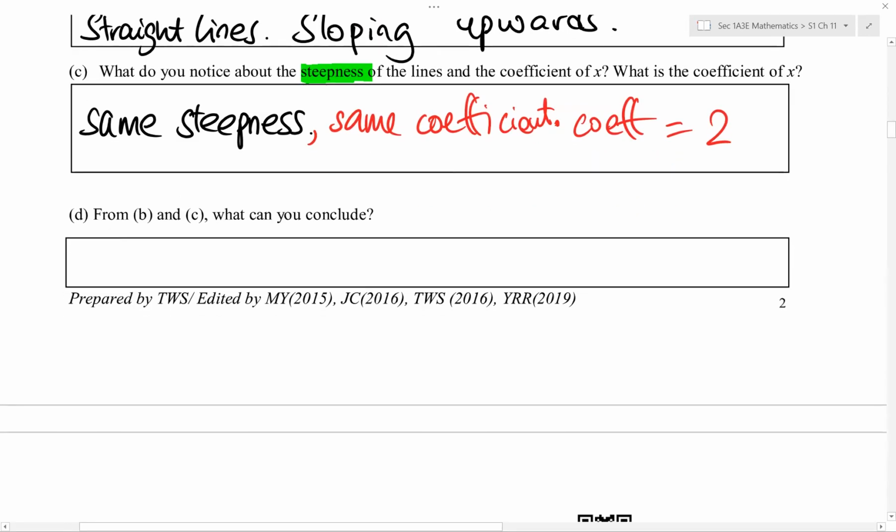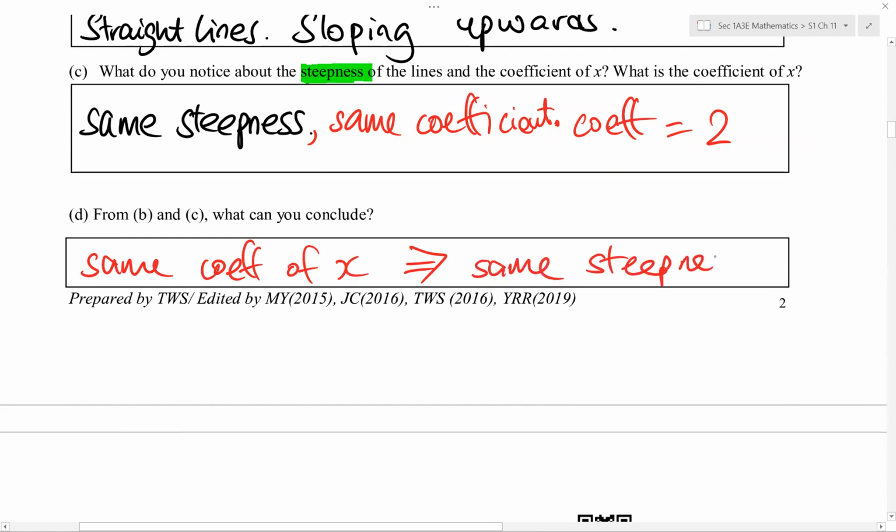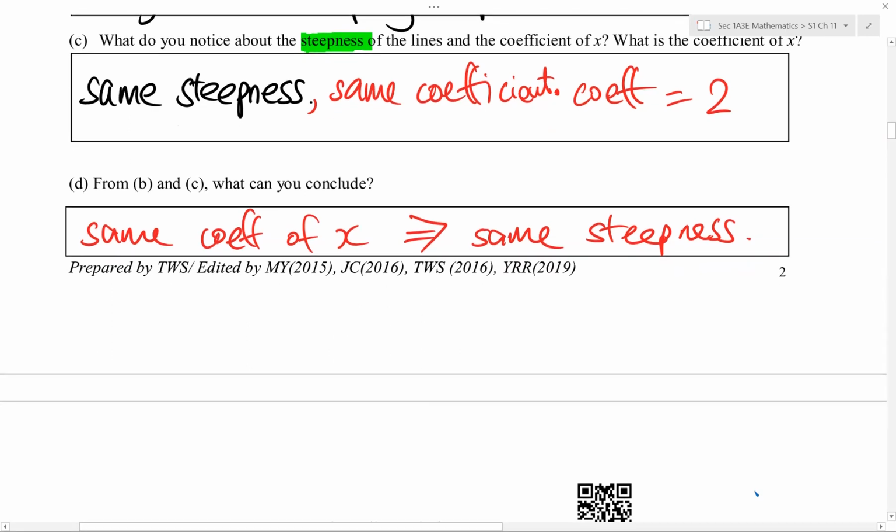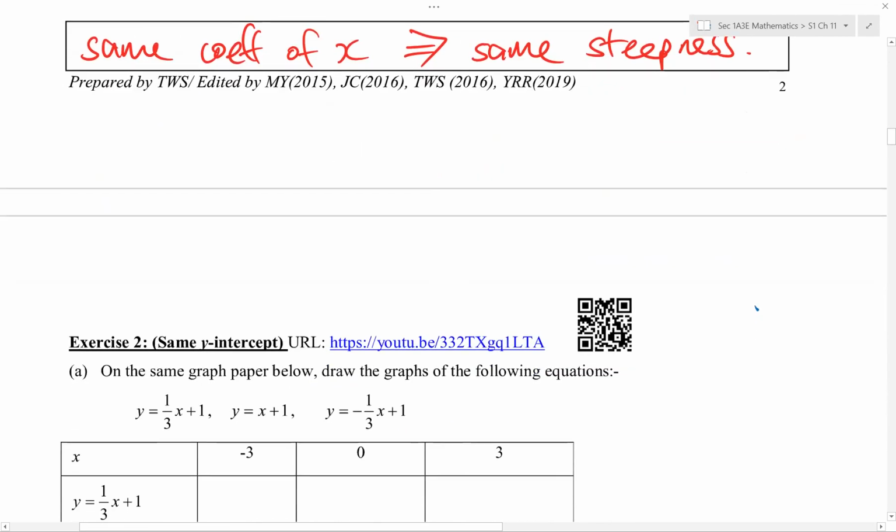Same coefficient of x implies same steepness. Okay. Next one.